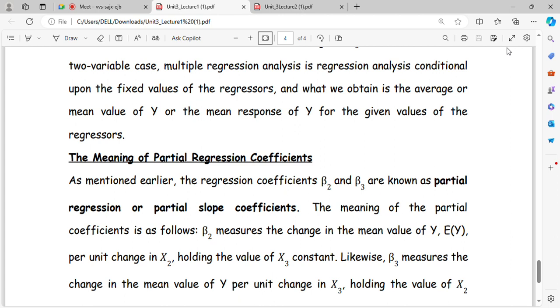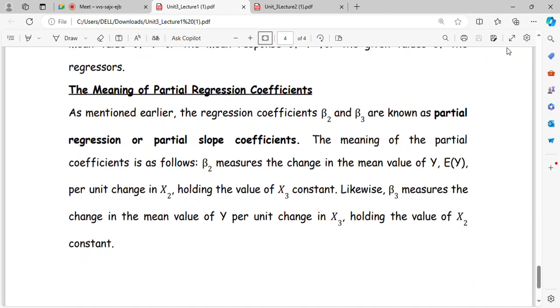Similarly, beta 3 measures the change in the mean value of y per unit change in x3 holding the value of x2 constant. This is the basic idea of partial regression coefficients, beta 2 and beta 3. So beta 2 shows the rate of change of mean value of y, that means in an average y how much y is changing due to 1 unit change in x2 keeping the value of x3 constant.